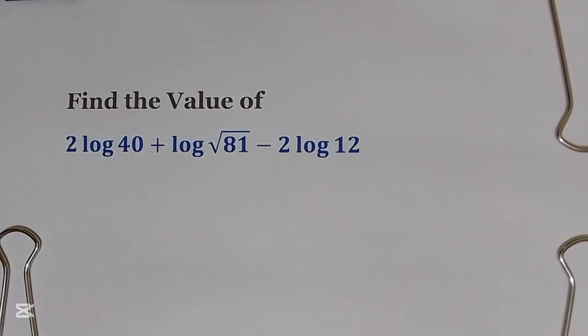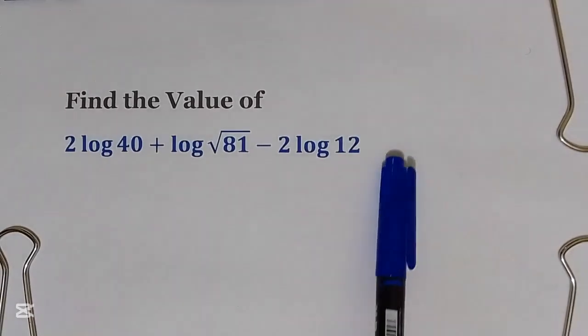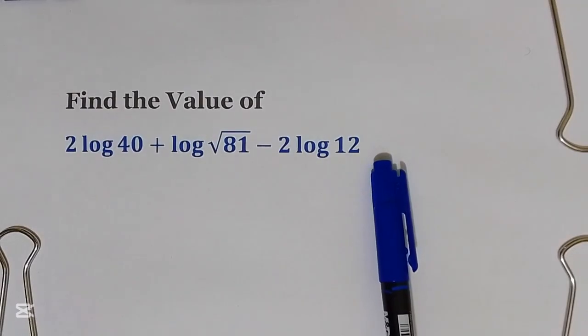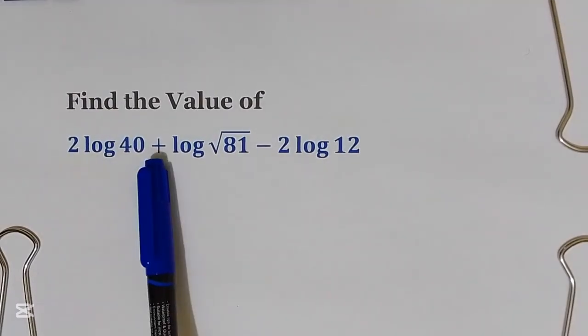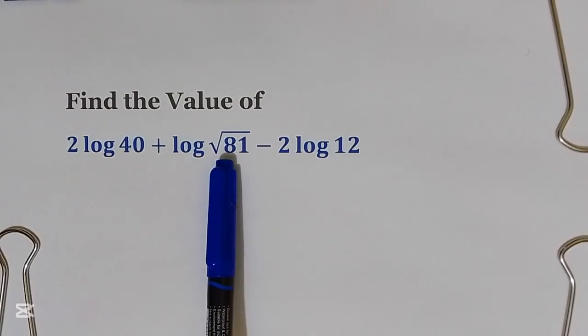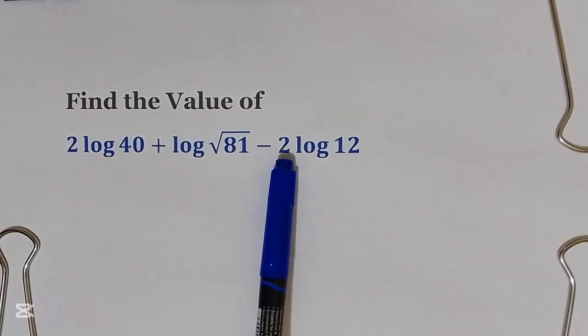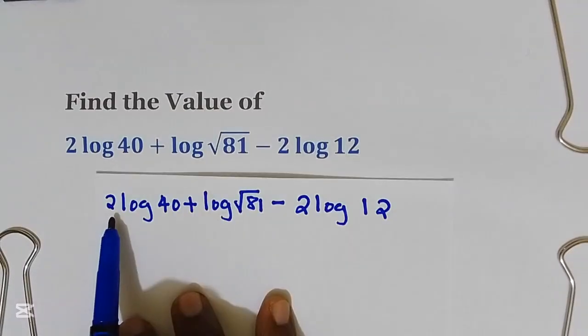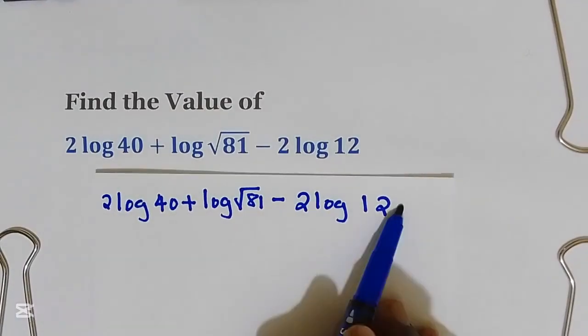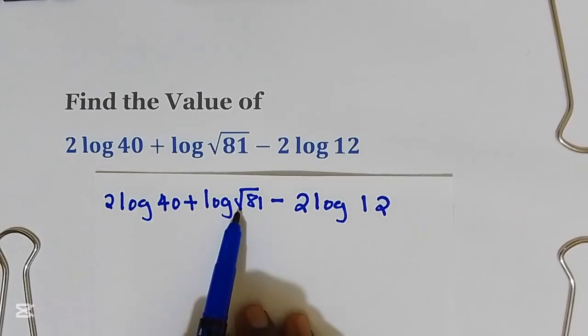We have a log question and we're supposed to find the value of it. They have given to us 2 log of 40 plus log root of 81 minus 2 log of 12. First of all, we are going to return the power back, and also we are going to find the square root of 81.